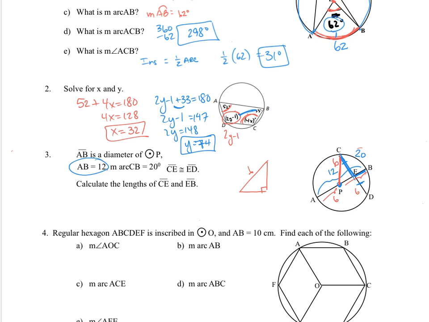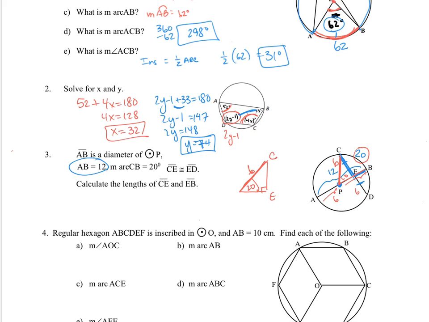And since this arc is 20, I know that this central angle will also be 20. So now I have this right triangle with this angle 20 and this radius of length 6. So I can solve for CE by using trig functions.